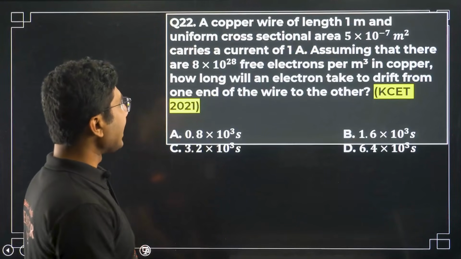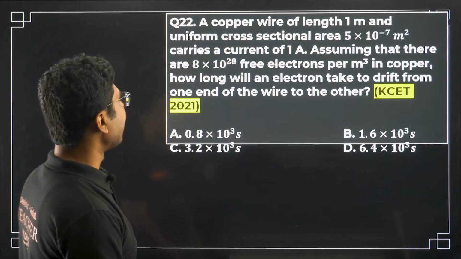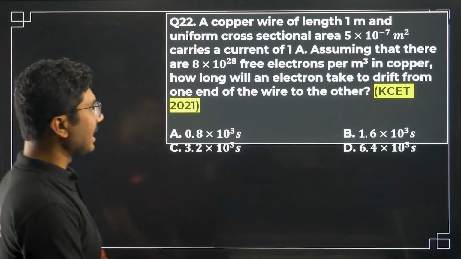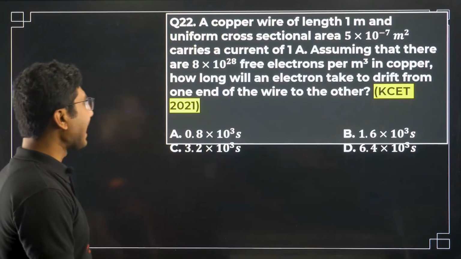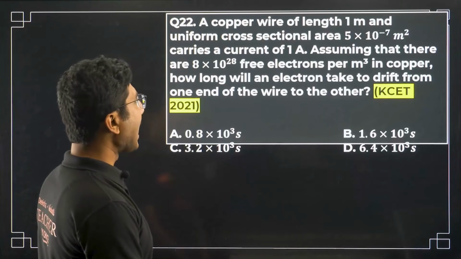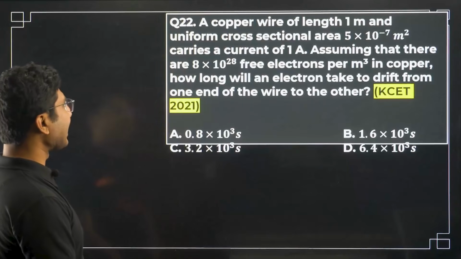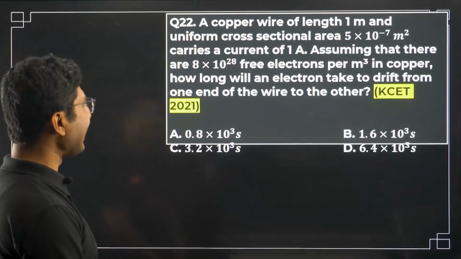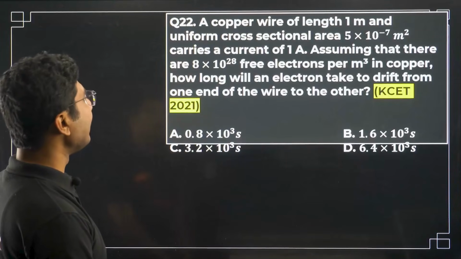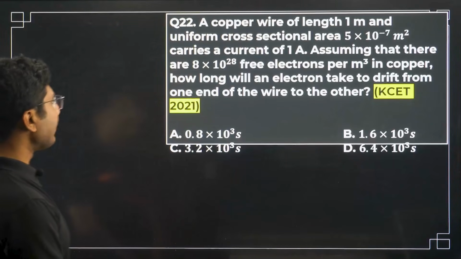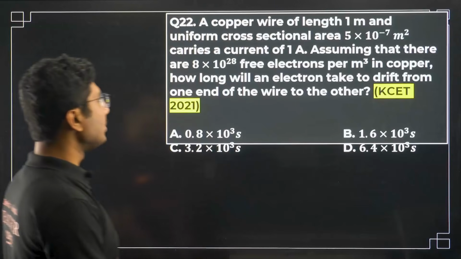A copper wire of length 1 meter and uniform cross-sectional area 5 into 10 to the power of minus 7 meter square carries a current of 1 ampere. Assuming that there are 8 into 10 to the power of 28 free electrons per meter cube in copper, how long will an electron take to drift from one end of the wire to the other?